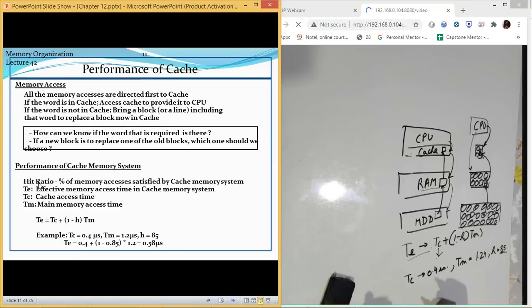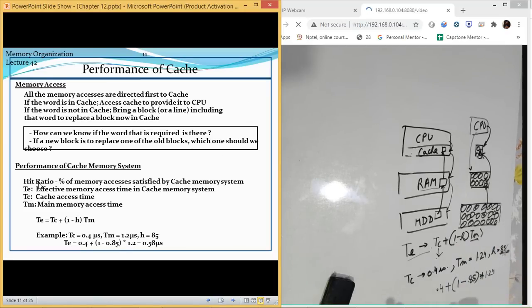Now just put it in the formula. TE is equal to 0.4 plus 1 minus, now if it is a hit 85 times, if we divide it by 100, it will be 0.85. Like out of 100, 0.85 times it was able to find the data. And how many times was it not able to find? 1 minus 0.85 into 1.24. You can use 1.24 from here because it is the Tm value which we have here.